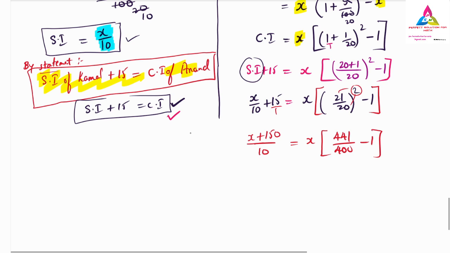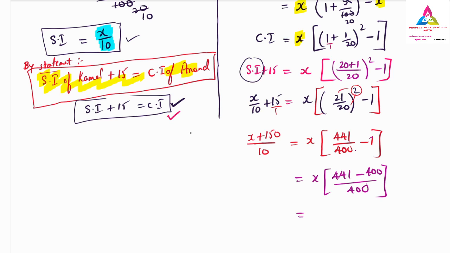Again we take the LCM, x is common, so 441 minus 400 is 41 divided by 400. And here we have x plus 150 divided by 10.